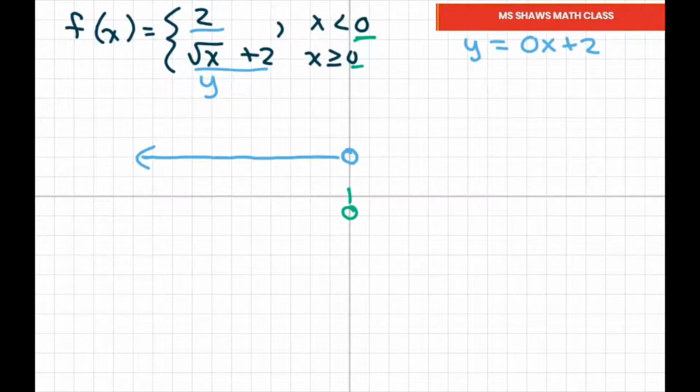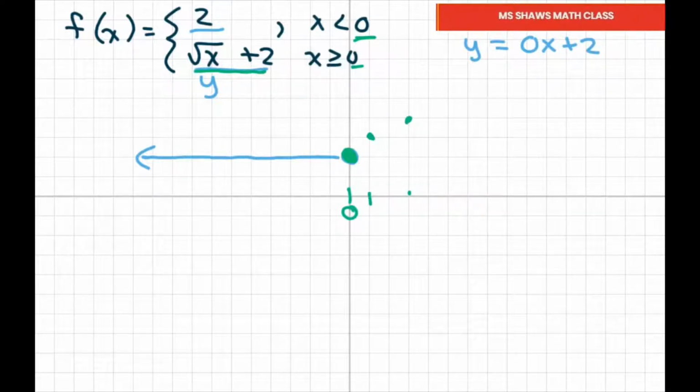Now this one is all numbers bigger than or equal to 0. So I plug in 0 and I get 2. If you do a table of values, plug in 0 in here, you're going to get 2, and it can equal it, so that means it's going to override this open circle. Now, if you plug in 1, you're going to get 3. Let's plug in 4. You're going to get 4.